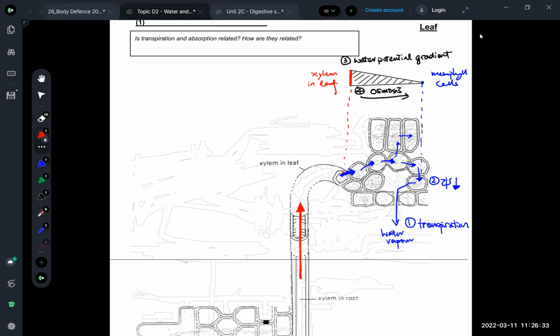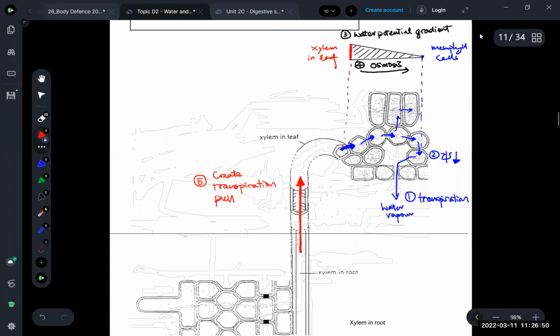And this particular force is what we call transpiration pull. Now that is the reason how the water in the xylem can move up.